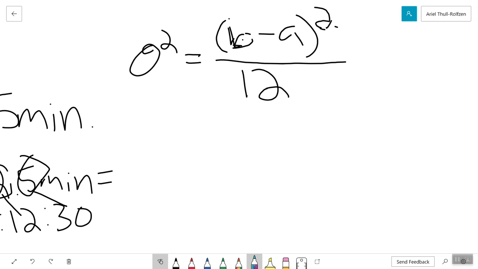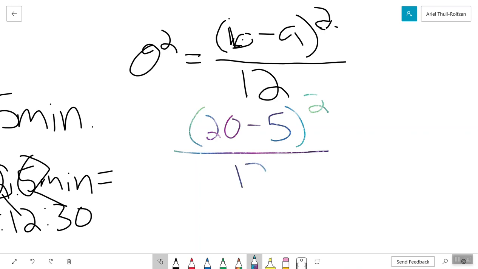We know our B is 20, we know our A is 5, so we're just taking 20 minus 5, squared, over 12. And what these parentheses mean, I know order of operations is sometimes funky with you guys on exams, and that's where I see most issues.